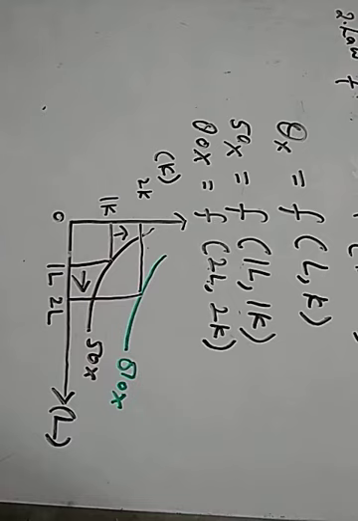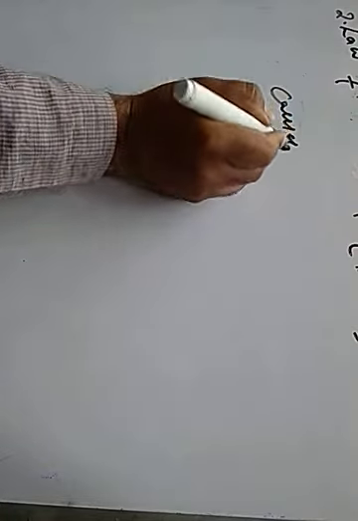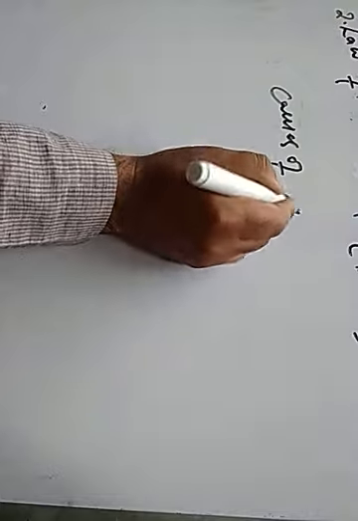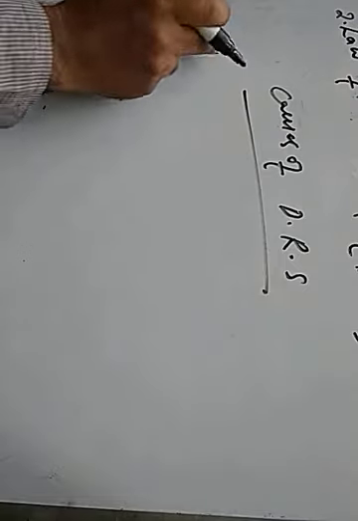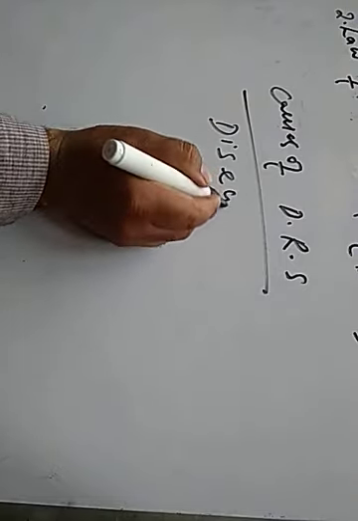Now, what are the causes of decreasing returns to scale? We will learn the causes of DRS, decreasing returns to scale. Number 1, it is due to diseconomies of scale.